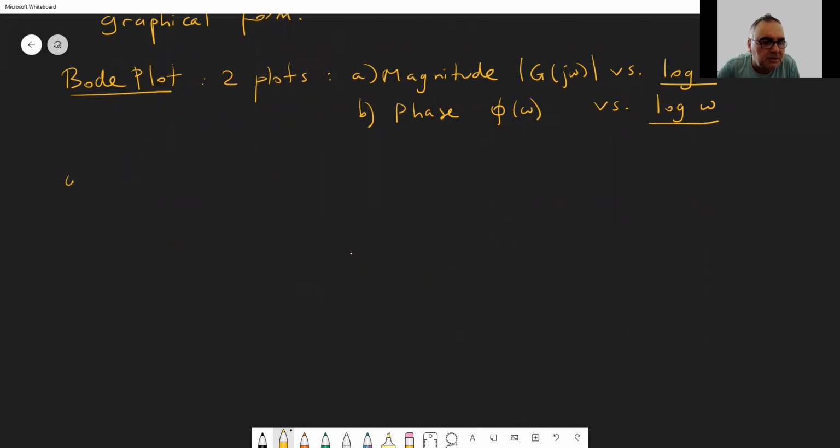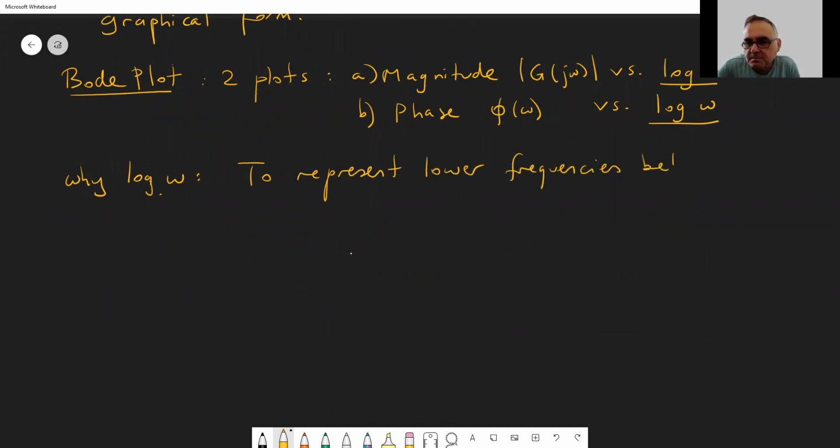Why logarithmic? The basic reason is to represent lower frequencies better. What does this mean?